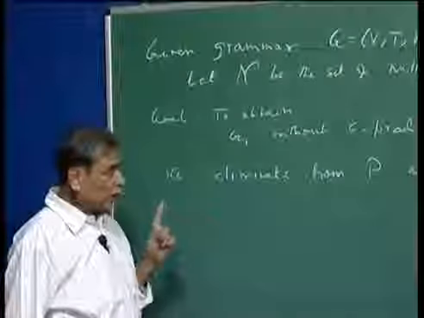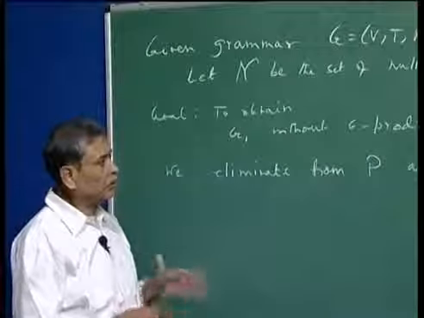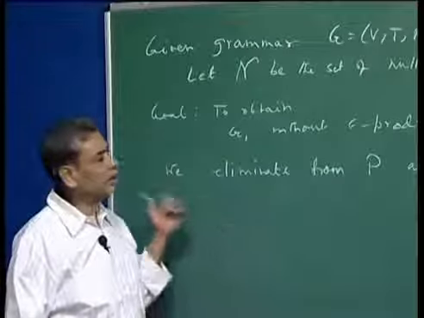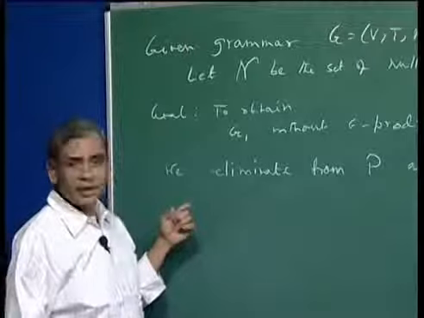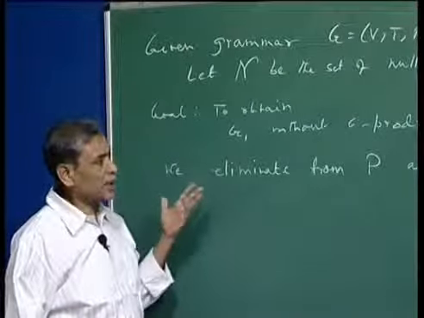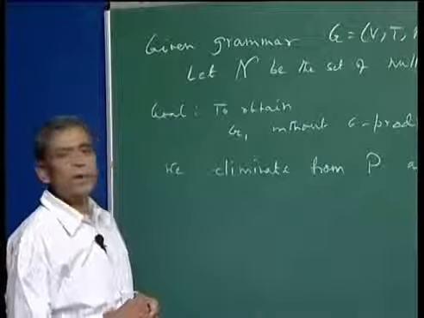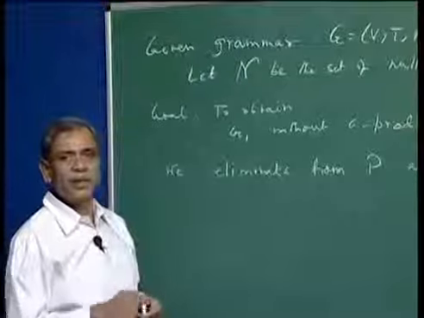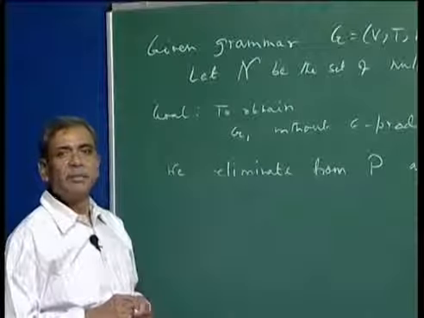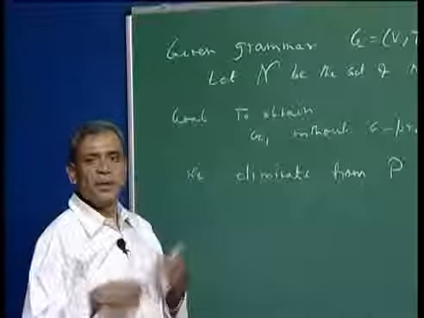Now, clearly at this time the grammar does not have any epsilon productions, but the grammar is not the grammar that I want. The reason is, if you remove all epsilon productions, you may be blocking some non-epsilon strings which are in the language from being generated.